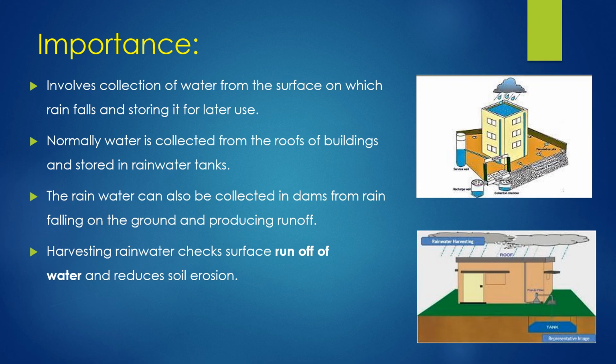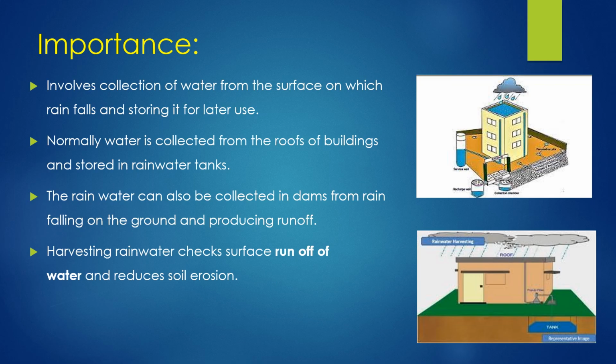Let's see about the importance of rainwater harvesting. It involves the collection of water from the surface and storing it for later use, which can be used at the time of water demand. These waters are collected normally from the roof of the building and stored in a reservoir or rainwater tanks.